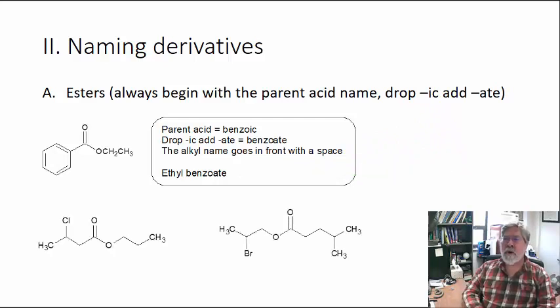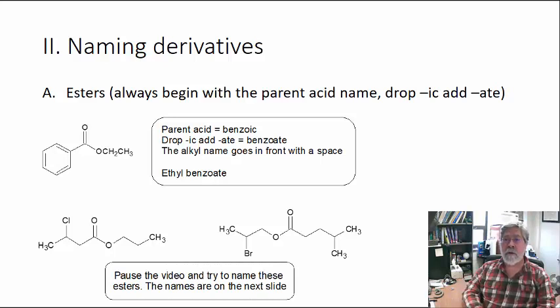Here are two other structures, and it would be good for you right now to pause the video and try to name both of these compounds. Again, separate out the parent acid. Think about what the parent acid name should be. Then modify that from the IC ending to ATE.